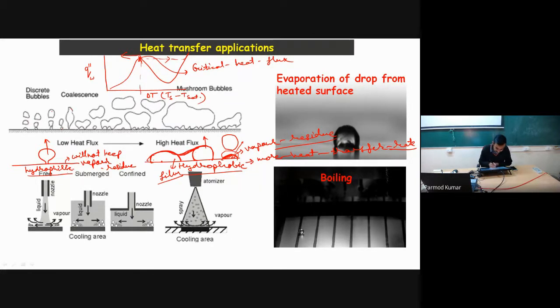So in case of a hydrophobic surface, the critical heat flux point will occur sooner. Whereas in case of a hydrophilic surface, though bubble departure frequency is low, the bubbles form in such a fashion that the contact between the bubbles is less. That's why it delays the occurrence of film formation, or the critical heat flux point.